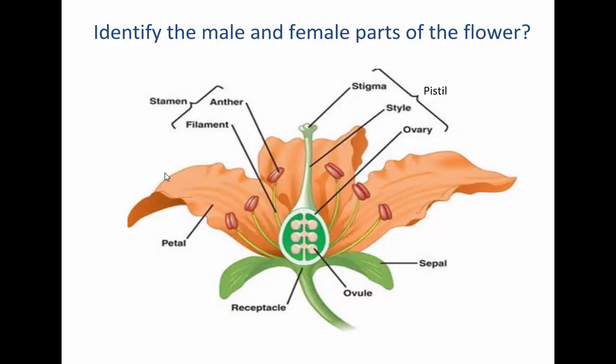This one has 6 stamen. Those are the male parts: the anther, which produces the pollen, and the filament, which just holds it up in the air. Then you have the female reproductive structure of the plant, the pistil, the stigma up top, where the pollen lands, and then the ovary, which contains the ovules inside of it.